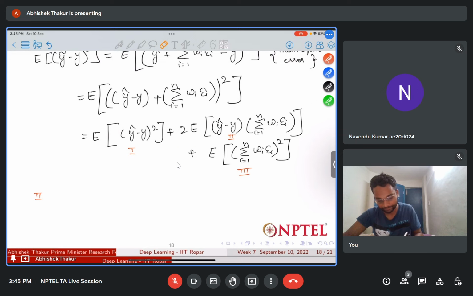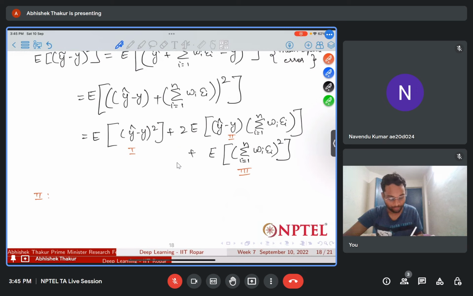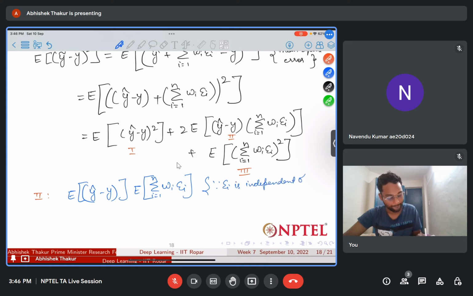So this will be the expectation of y hat minus y into the expectation of wi ei. Why? Because ei is independent of everything. Ei is independent of y hat minus y, and also ei is independent of wi. And wi is just a simple weight, so it will come out.